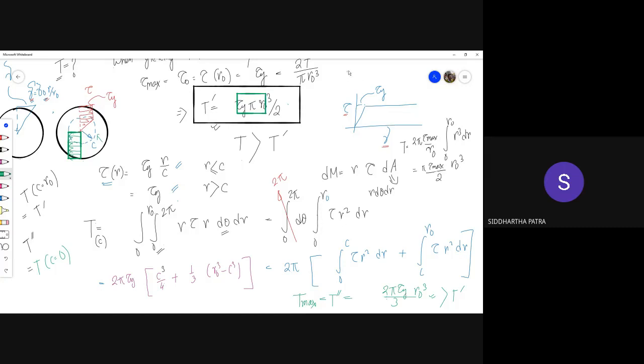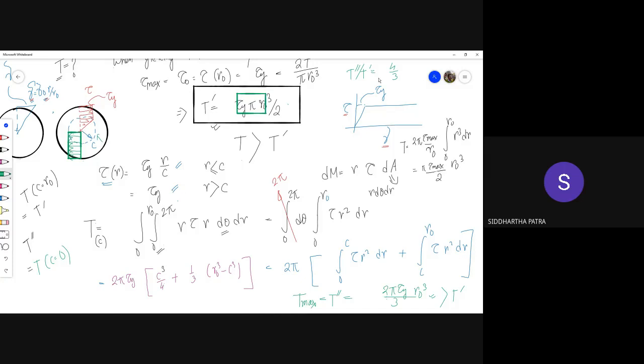And if you check, T double prime divided by T prime would be four-third. That is one-third increase in torque, and the material cannot withstand any further torque.